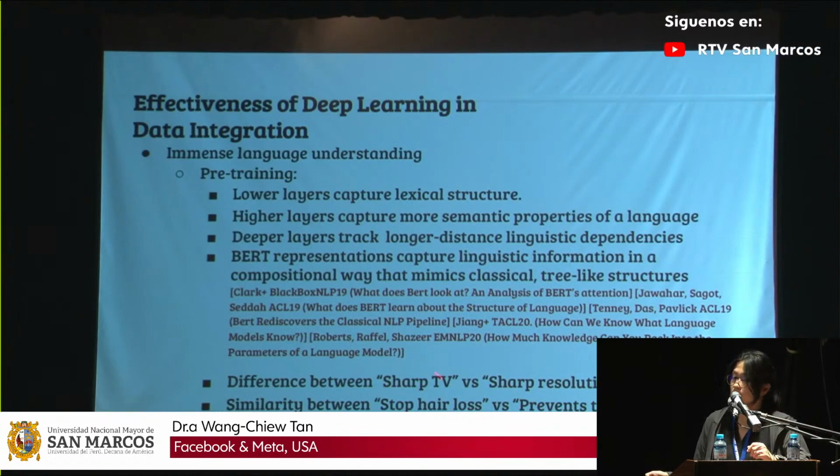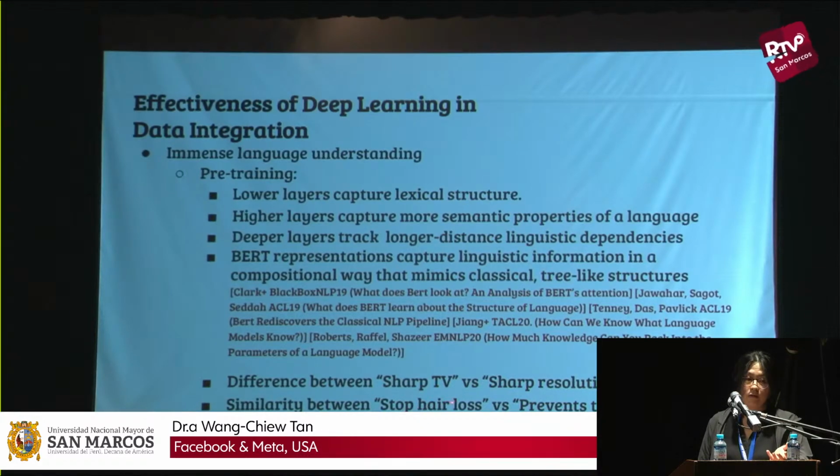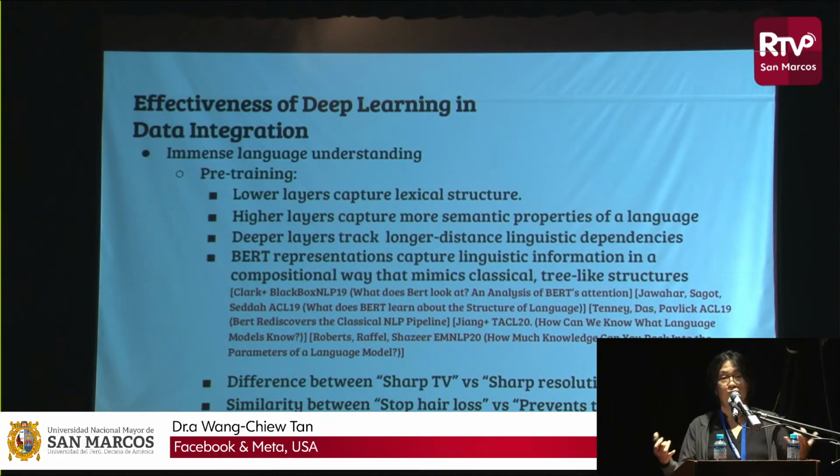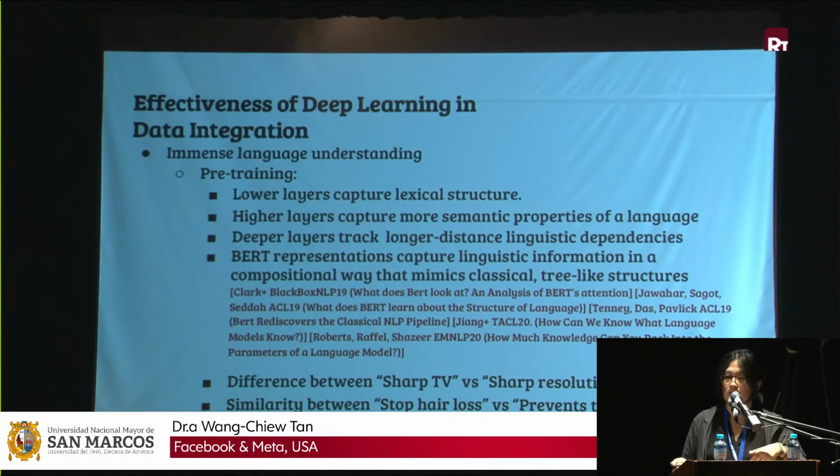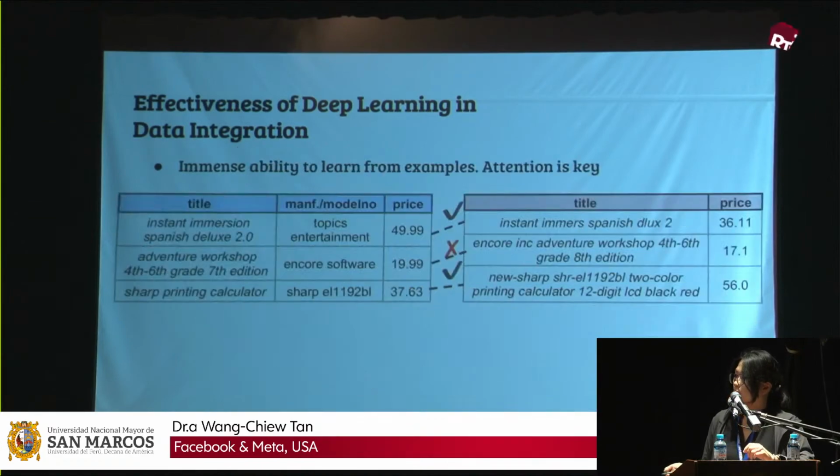The word sharp means totally different things in these two phrases, even though these two phrases overlap in 50% of the tokens. This is where language models are very good. They will say these are different things. Versus the last bullet here, stop hair loss versus prevents thinning hair. These are two phrases that look totally different, but the language model will tell you, like us, that they mean the same thing. So that's what they're very good at.